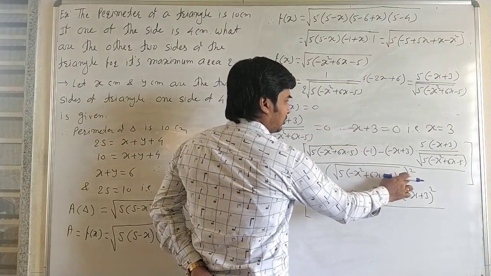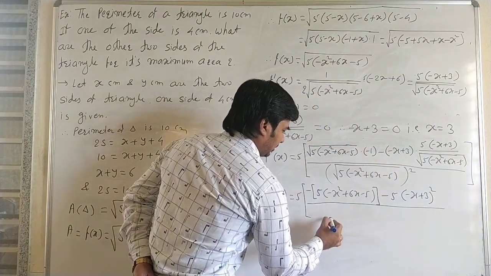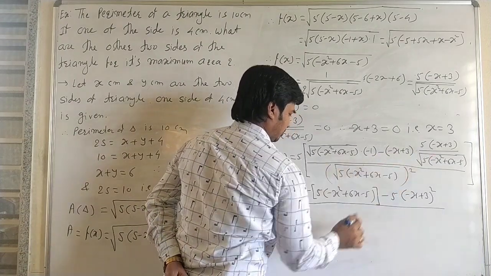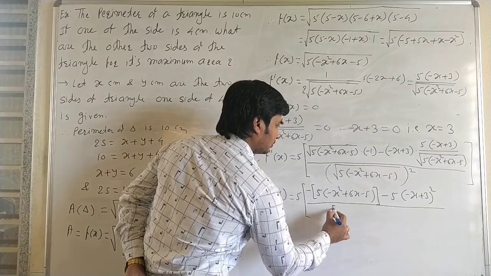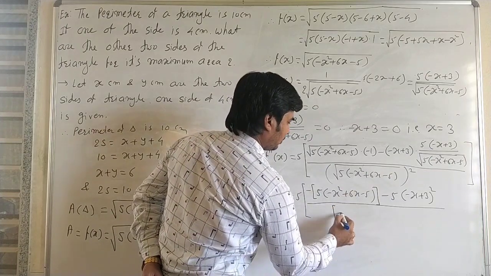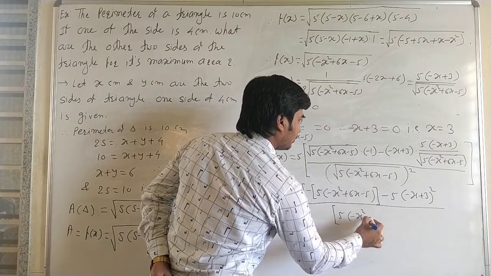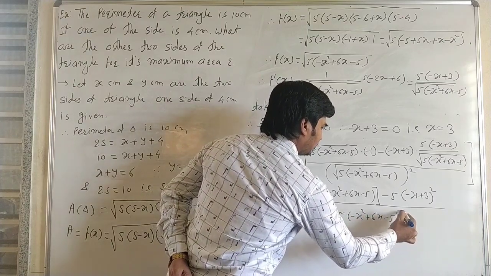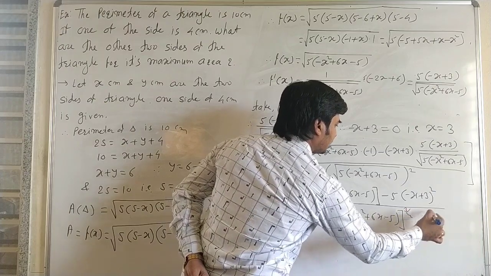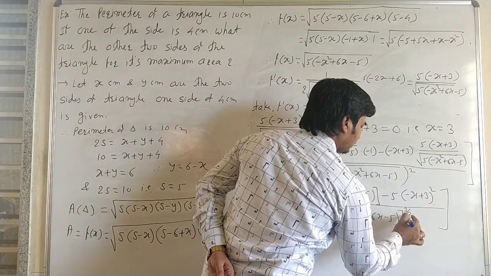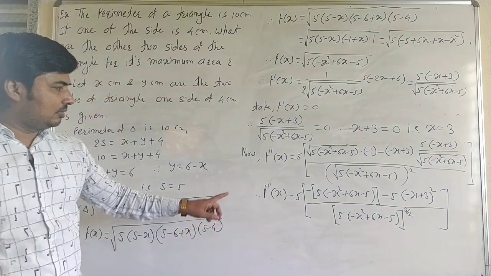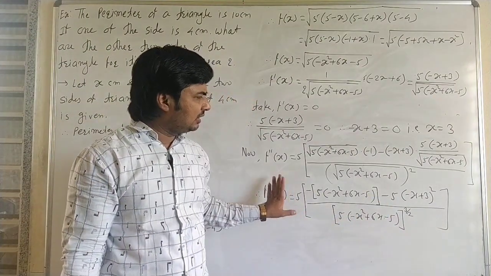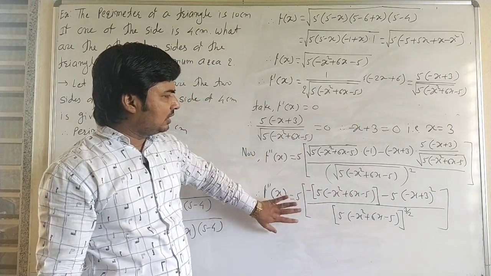Here is square and under root, then power 3 by 2. The under root goes away and we write the power 3 by 2. It is 5 into minus x square plus 6x minus 5 to the power 3 by 2. Okay, it is our f double dash of x, 5 into this term. 5 can be cancelled, leave it, we can take common and cancel later, we will see that afterwards.